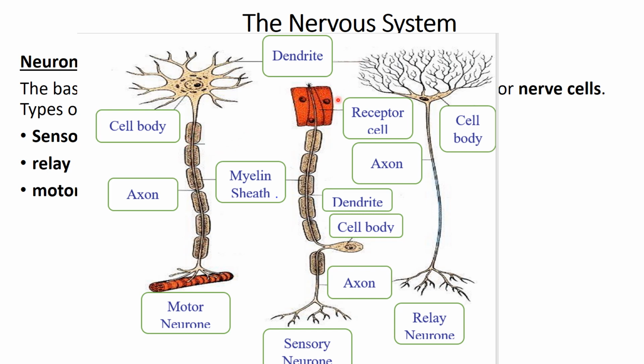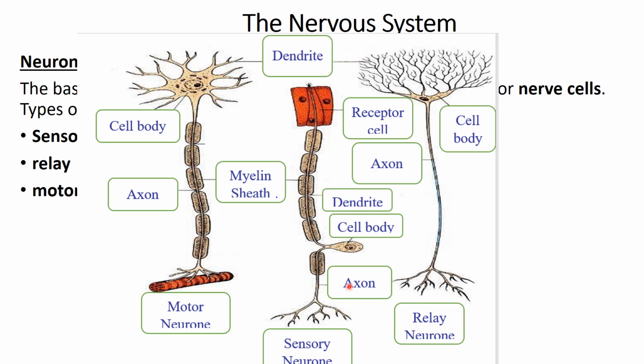Okay, then of course we have the sensory neuron, which has a special type of cell called a receptor cell, which makes it a bit different from the other neurons. Okay, then again it also has the axon, then the myelin sheath, and of course the cell body is here instead of being on the end.